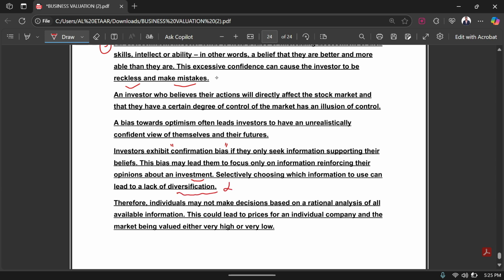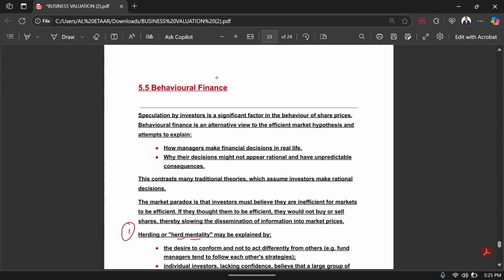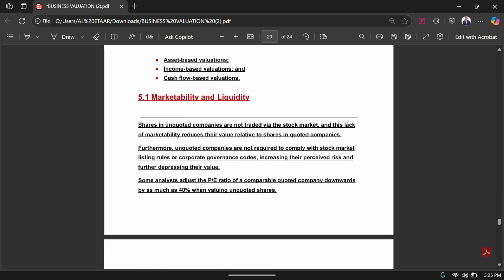Therefore, an individual may not make decisions based on a rational analysis of all available information, which they should, but they would not. Why? Because they are overconfident, they have a confirmation bias. This could lead to prices for an individual company and the market being valued either very high or very low. And with that, the theoretical area of this chapter is also complete, and this entire chapter is complete.